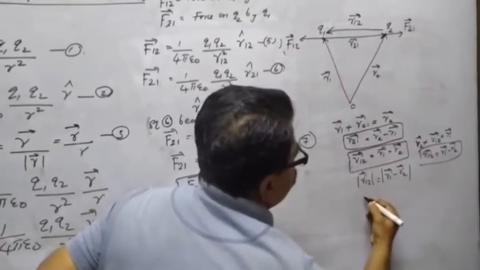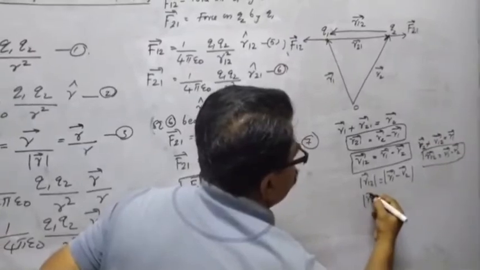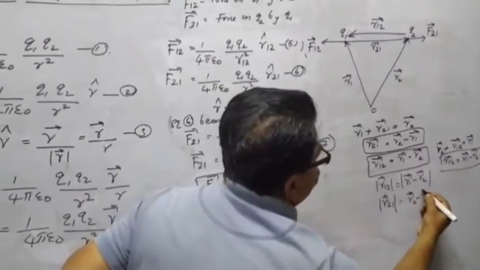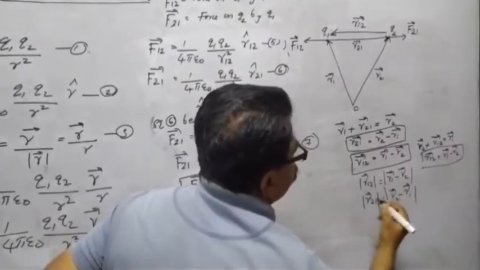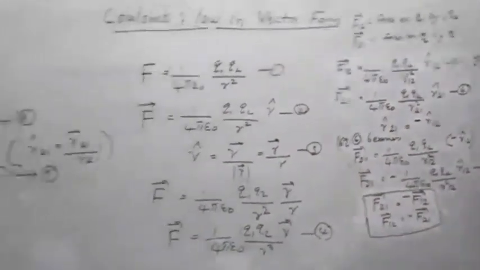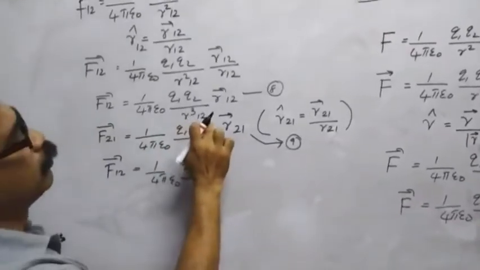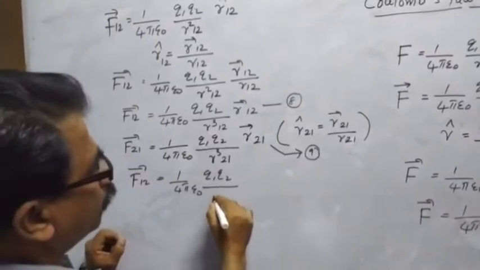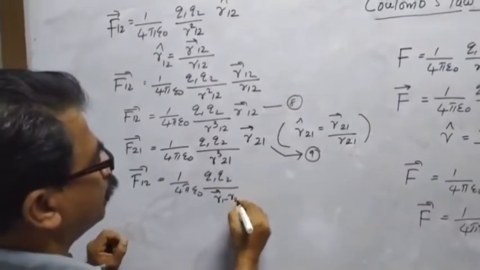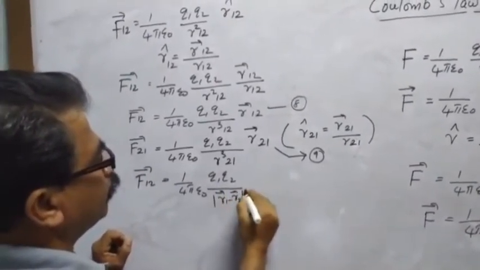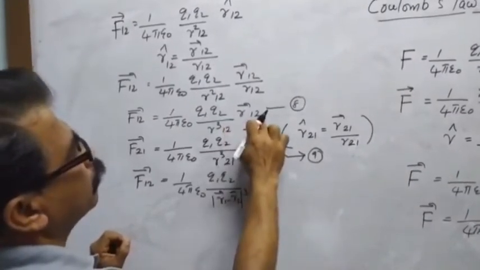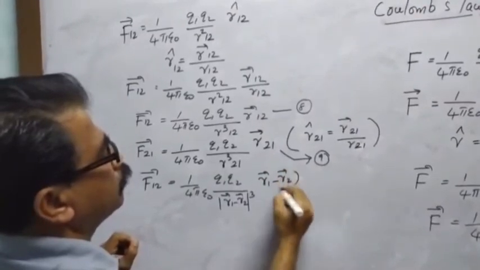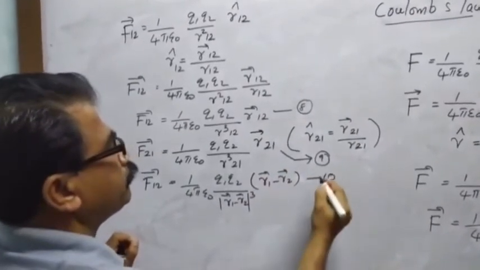Similarly, modulus of R21 equal to the modulus of R2 minus R1. So, you can write modulus of R cube 12, that is the modulus of R1 minus R2 cubed into what is R12, that is R1 minus R2. Equation number 10.